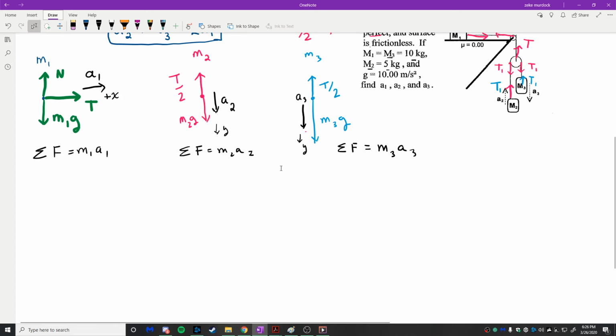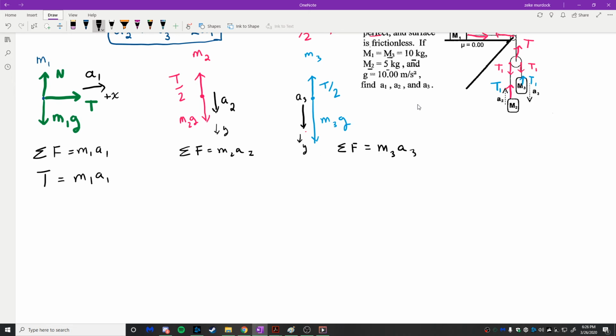So write the equations down that follow after these. I hope that was enough time. This first one should be pretty simple. There's only one force acting in the same direction as the acceleration, so this one is just T equal to M1A1.